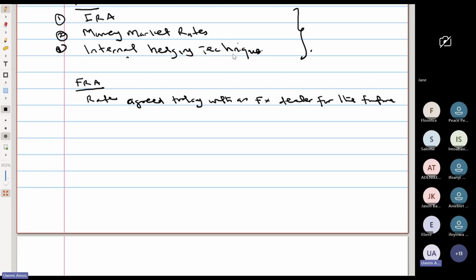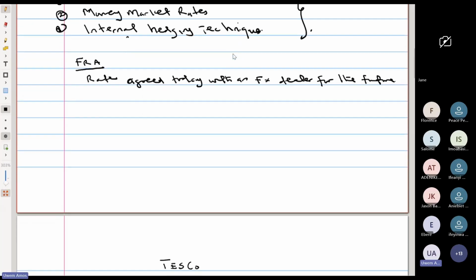So when you have a question on forward rates, it's very important to do the following. One, you need to determine the amount you're trying to protect yourself against. That's the first thing.